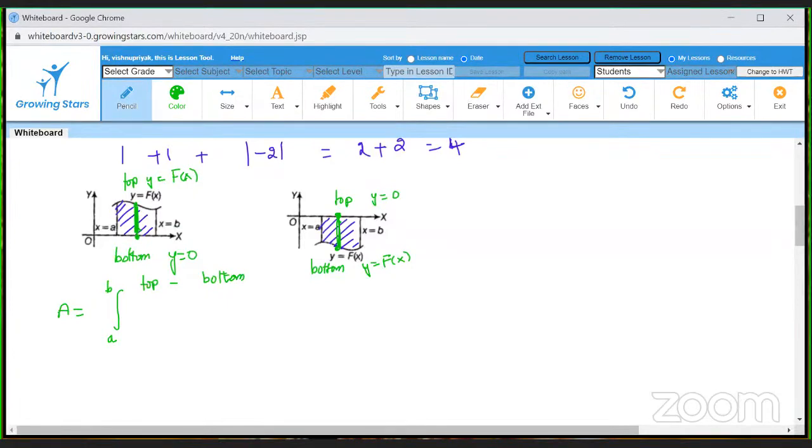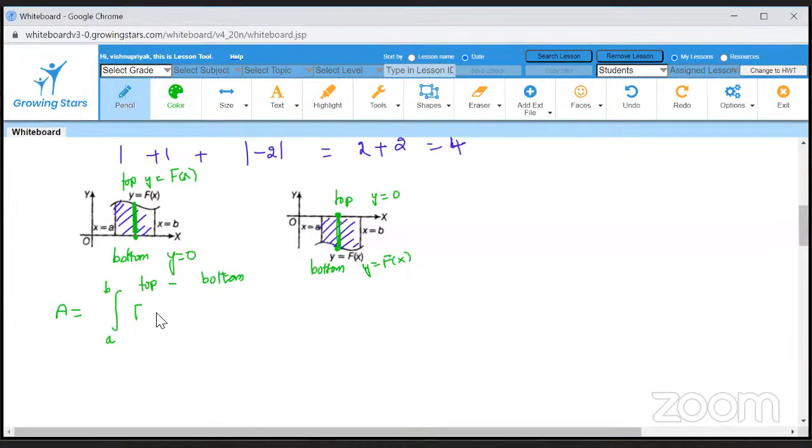Instead of seeing above x-axis, below x-axis, positive area, negative area, putting mod and all, you will get confused. So always use top minus bottom. So here f of x minus 0 dx.